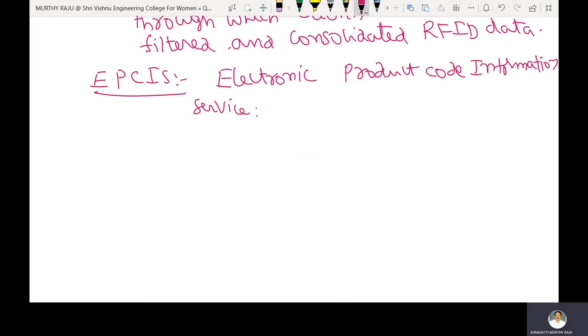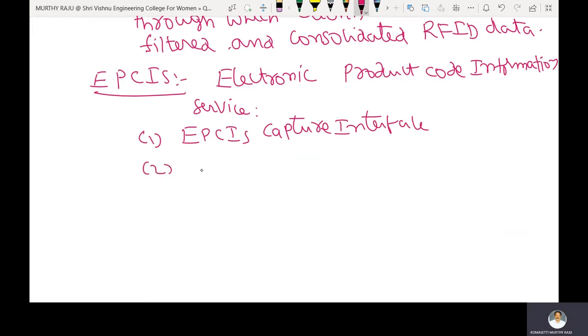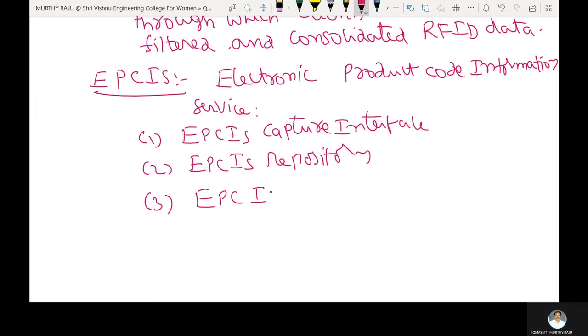The three main parts of EPCIS that are defined in the EPCglobal specification are, first, the EPCIS capture interface, second, the EPCIS repository, and third, the EPCIS query interface.